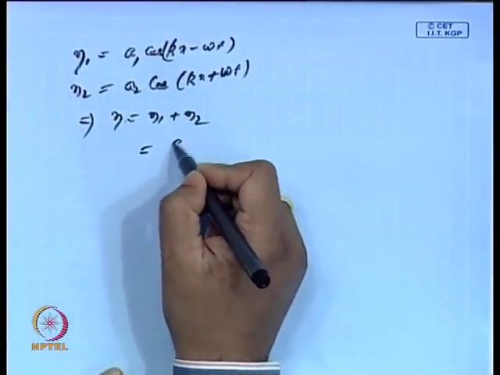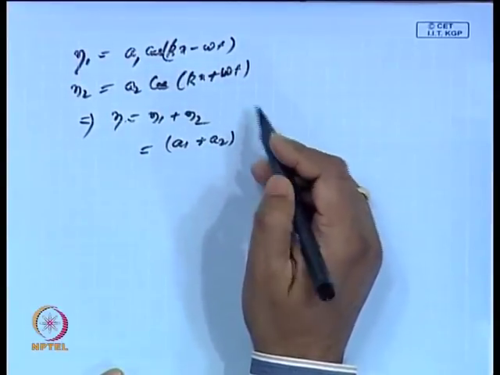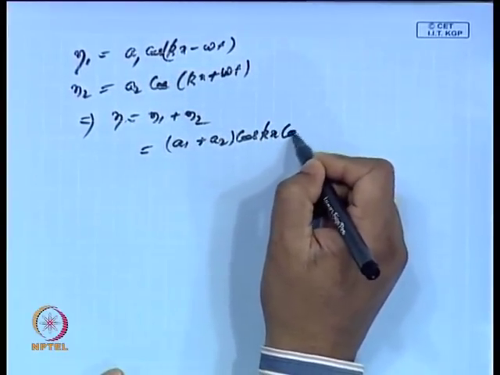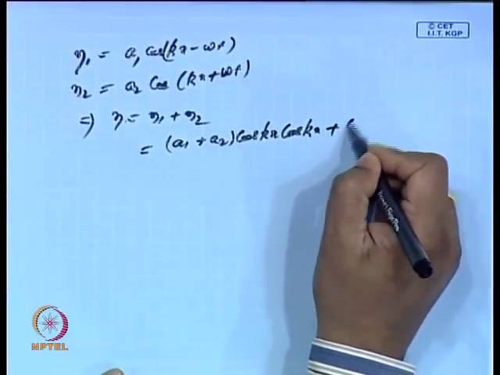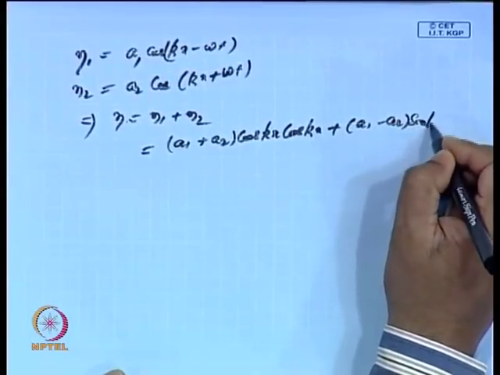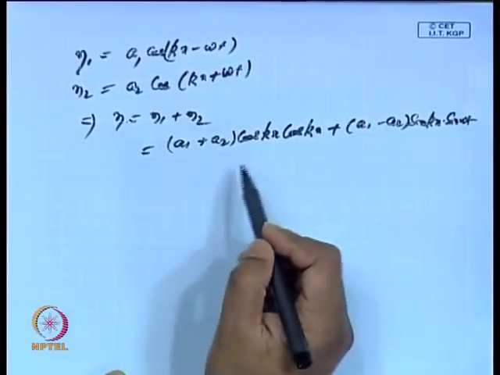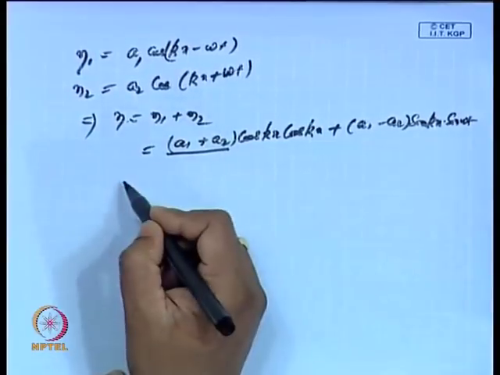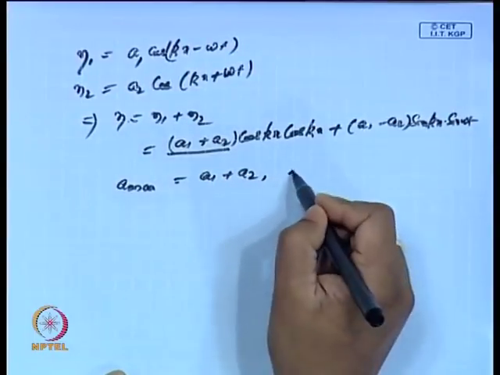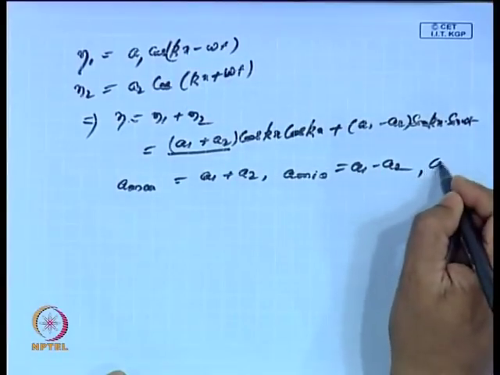This will give me (A1 plus A2) cos kx cos omega t plus (A1 minus A2) sin kx sin omega t. If you look at the amplitudes of these two waves, the maximum amplitude A max will be A1 plus A2 and A min will be A1 minus A2, provided we assume that A1 is greater than A2.